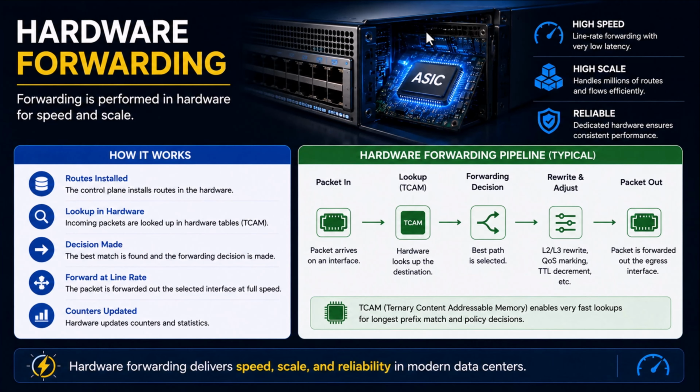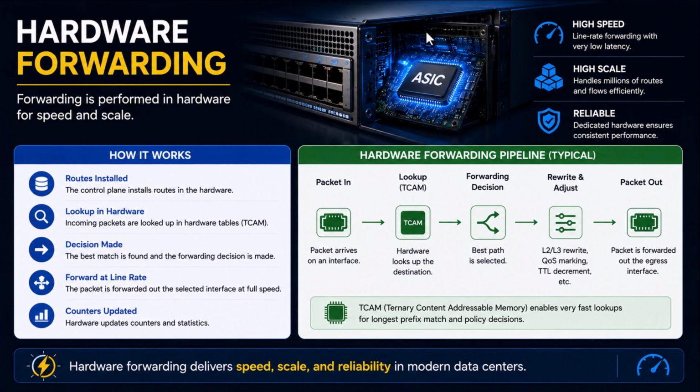Then, when a packet arrives, the hardware performs a lookup. It checks the destination. It finds the correct forwarding entry. It selects the outgoing interface. It may also update layer 2 or layer 3 information, decrement the TTL, apply QoS markings, and then transmit the packet.